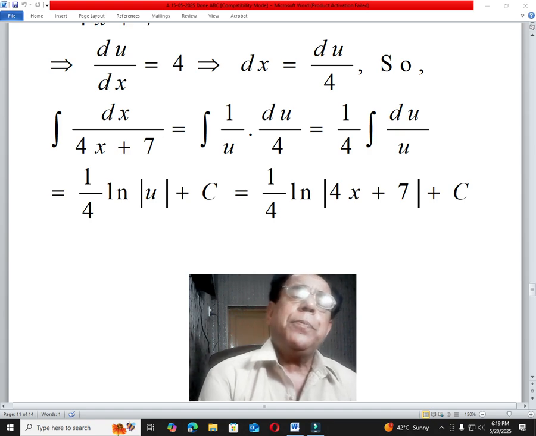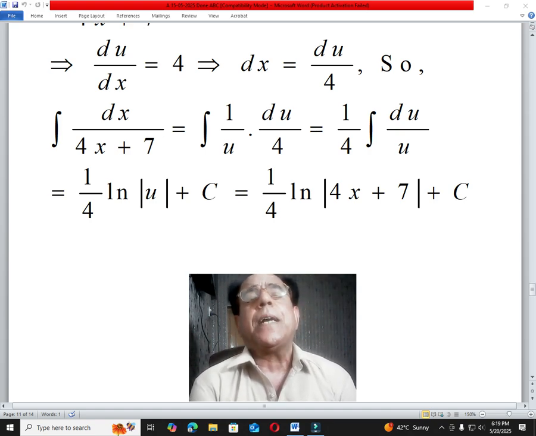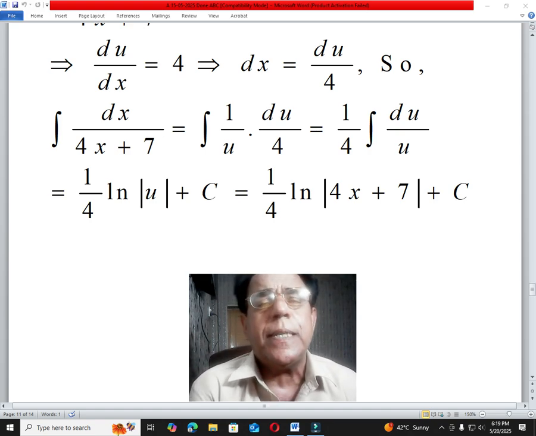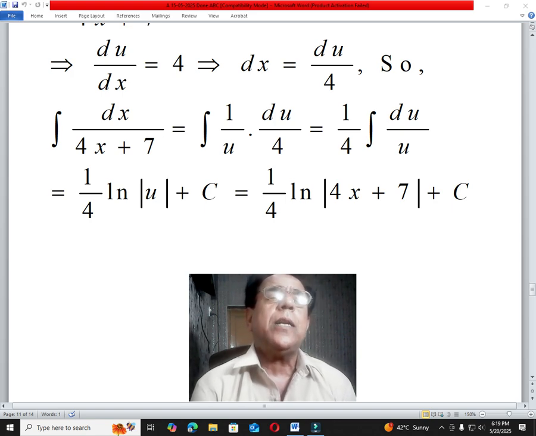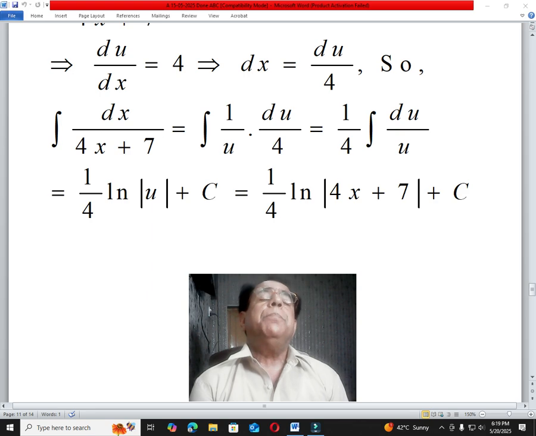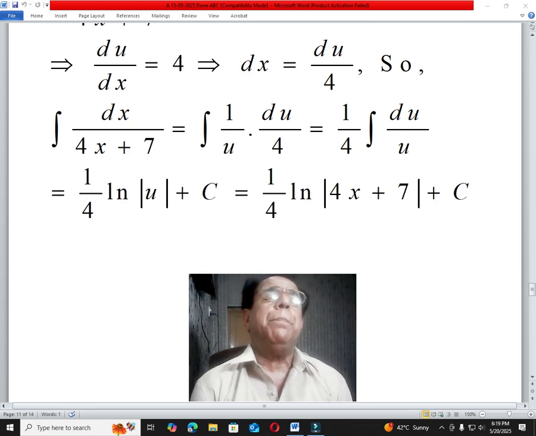In the next step we are going to integrate this factor according to rules of integration, and we know that the formula for this type of integration is log u. Log of absolute value of u, or log of modulus value of u, or mod of u.